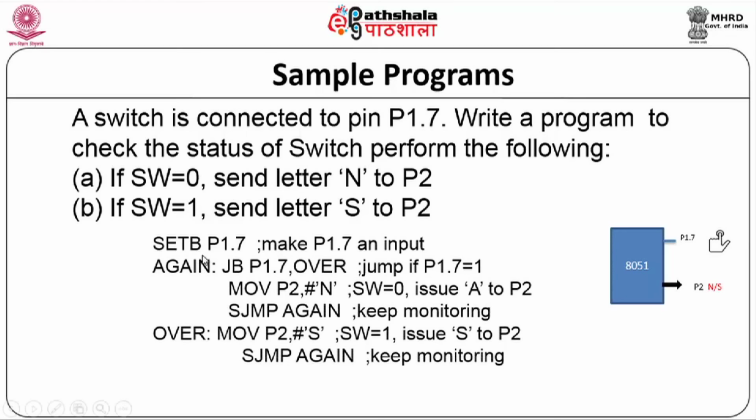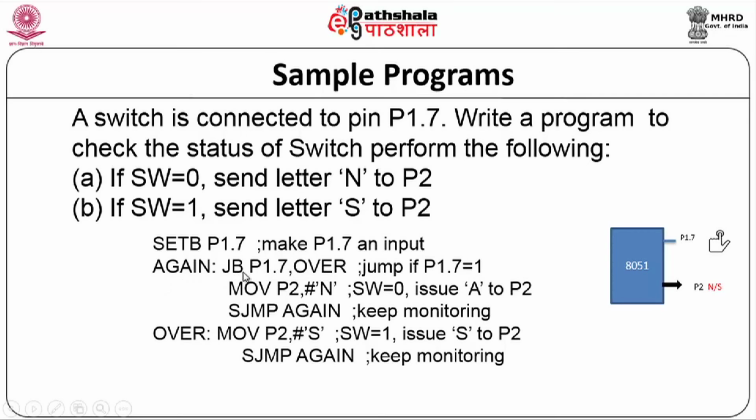Now, you see that first I did SETB P1.7. I am declaring this pin as an input pin. For that reason I did SETB P1.7, which declares pin 1.7 as an input pin. Then this is a tag, where JB means jump on bit P1.7 to over.